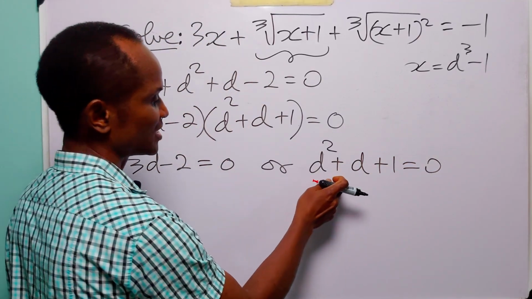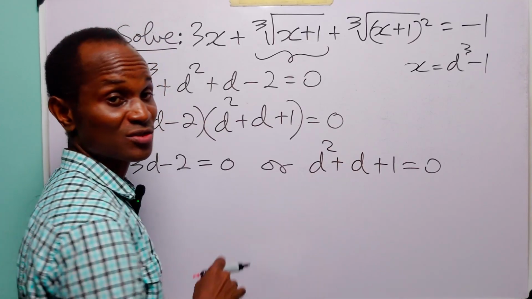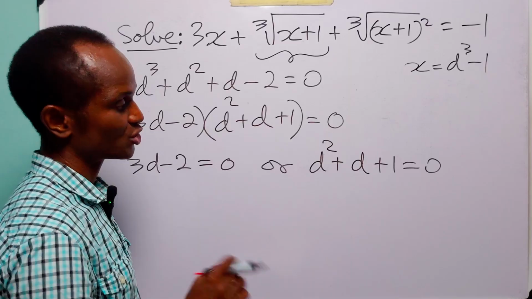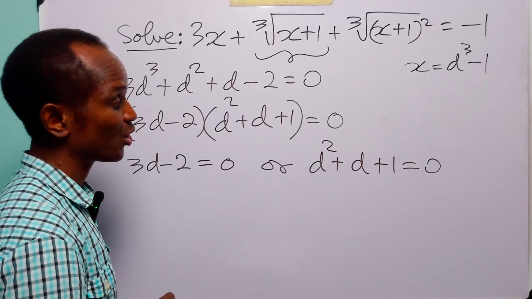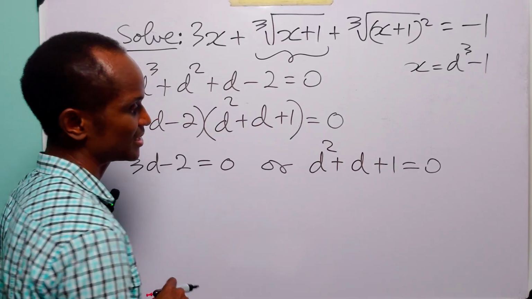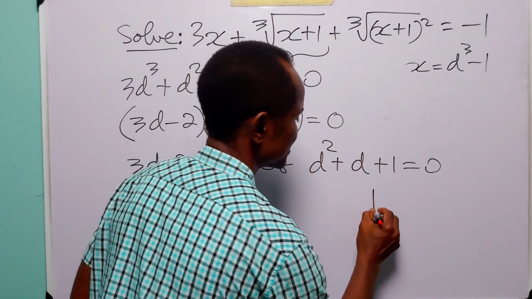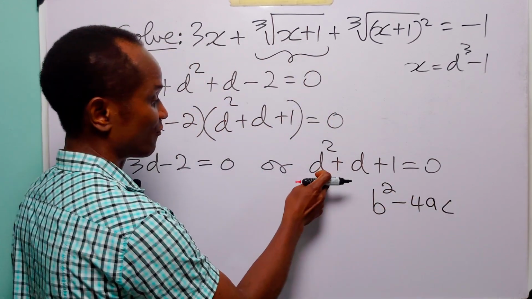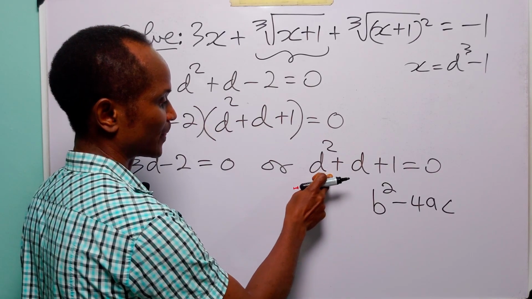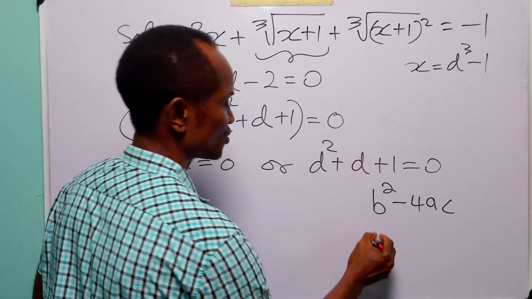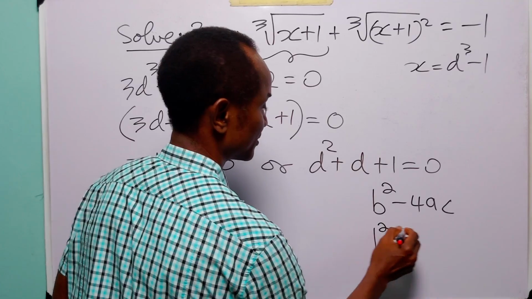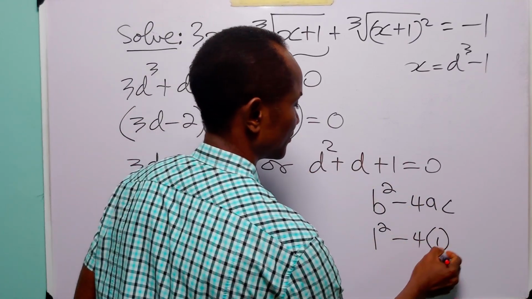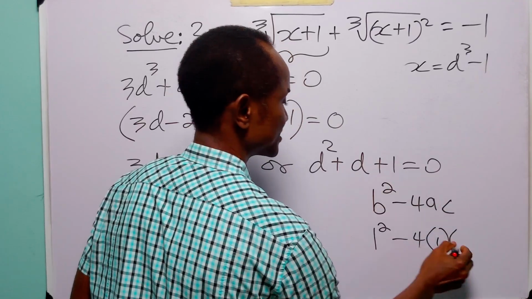Now, before we solve this quadratic equation, let us first check to make sure that it has real roots. For us to do this, we have to employ the discriminant of this quadratic equation. The discriminant is b squared minus 4ac. For this quadratic equation, b is 1, so we have 1 squared. A is 1 and c is 1.